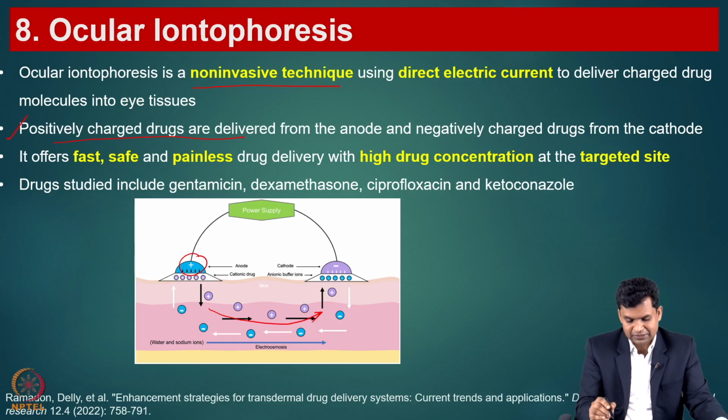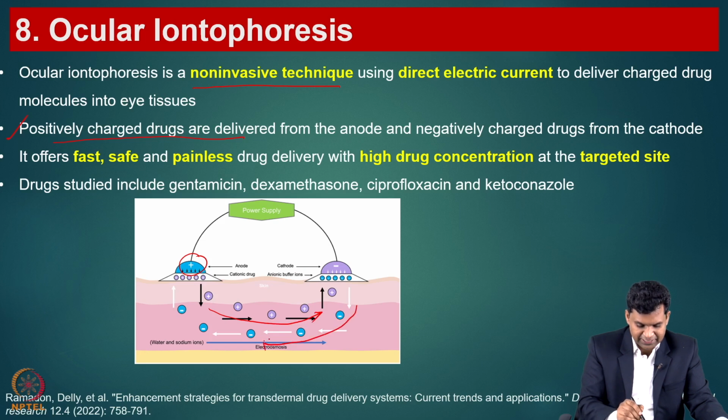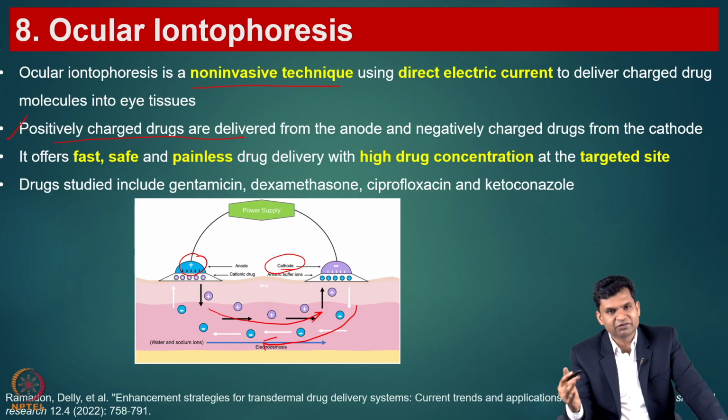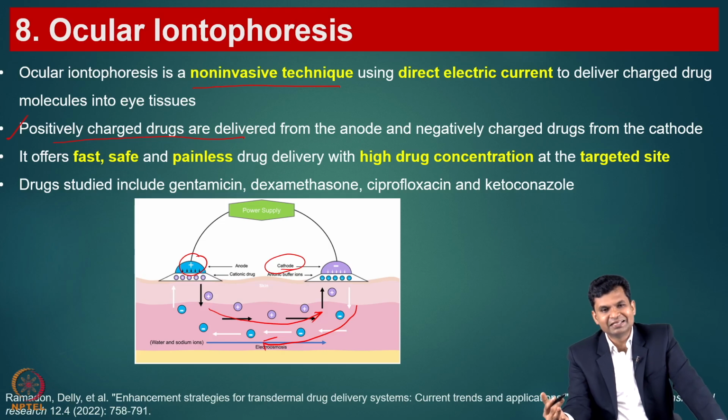Similarly, when you want to deliver drugs which are negative in nature, you need to provide the cathode, which will repel negative ions to the target site. So, by applying iontophoresis, we can deliver the drugs.